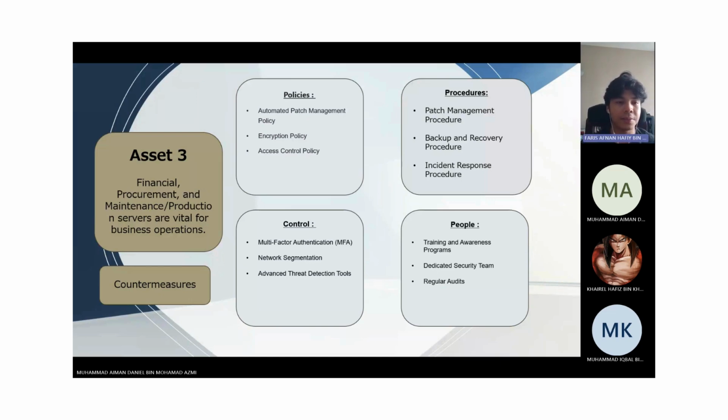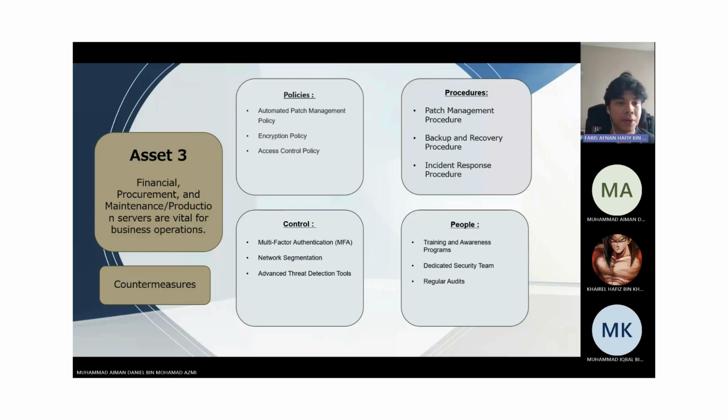Next, we implement detailed procedures. The first one is patch management procedure, which outlines steps for timely deployment of patches. Next is backup and recovery procedure, which details regular backups, schedules, and testing of recovery processes. And lastly, incident response procedure, which defines the steps to respond to detected threats promptly.